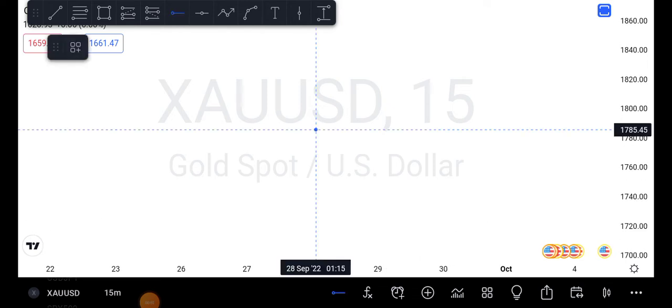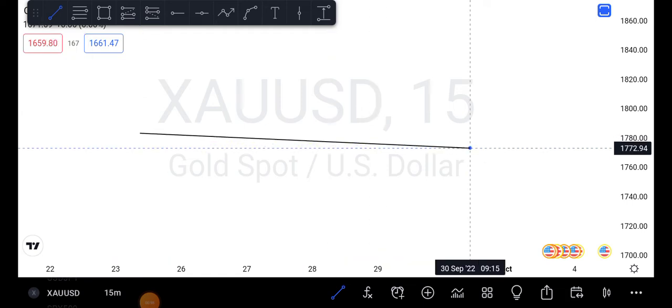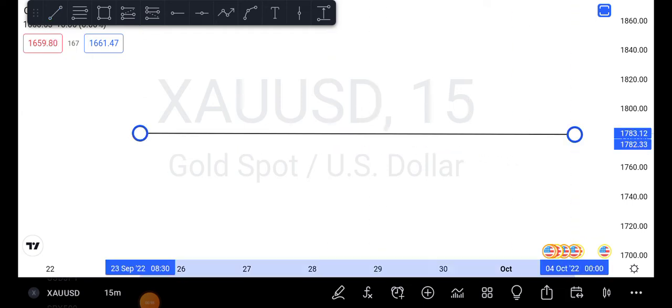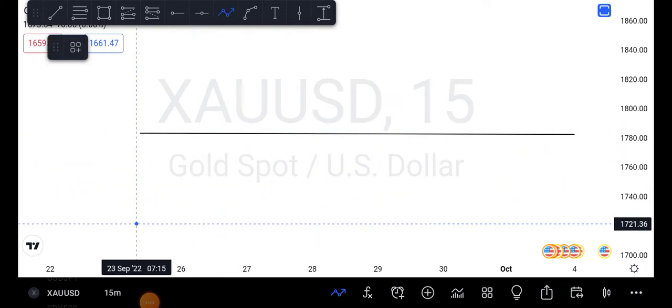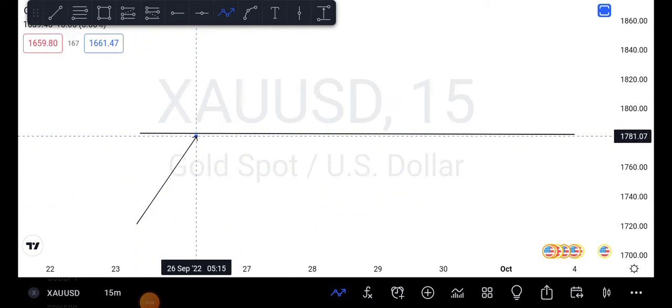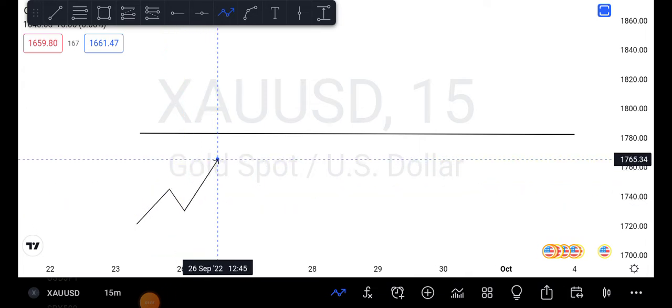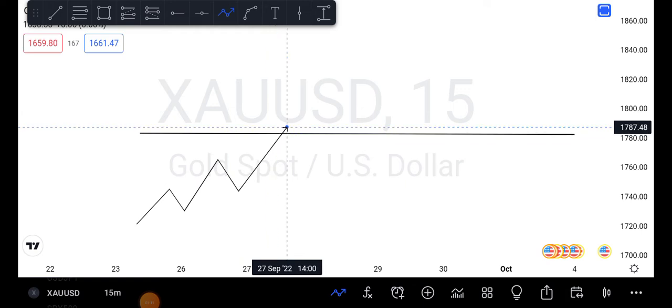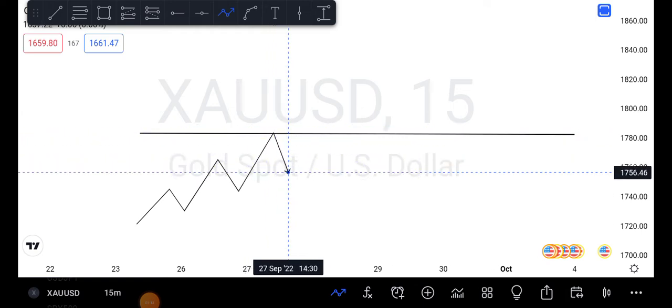So let's say we have price. Let me just quickly demarcate something. Let's say we have price moving up. Then it hits a point, and at this point that it hits, it shows a willingness to go down.